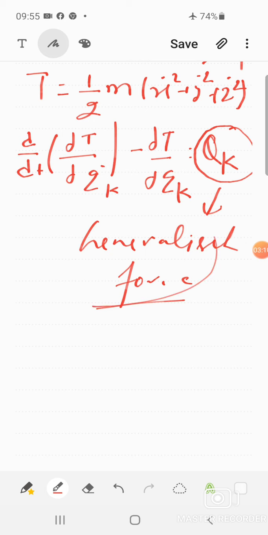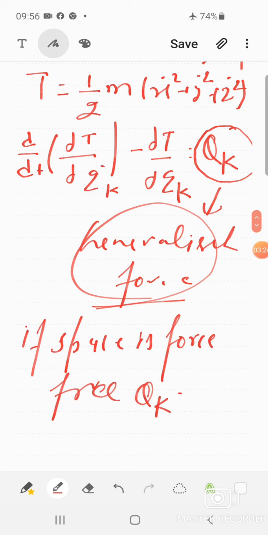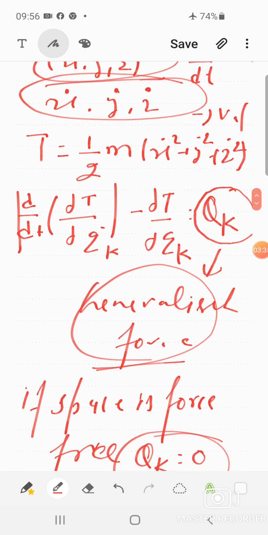If there is a dissipative force, then this Q will be non-zero, and if the space is force free, then this generalized force Q will be equal to 0. So this is the general form of the Lagrange equation.